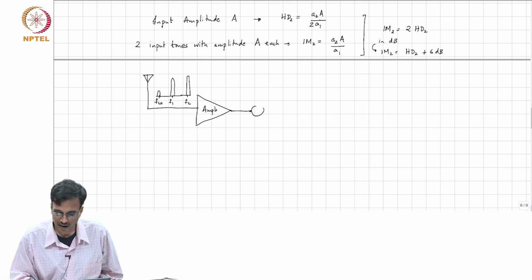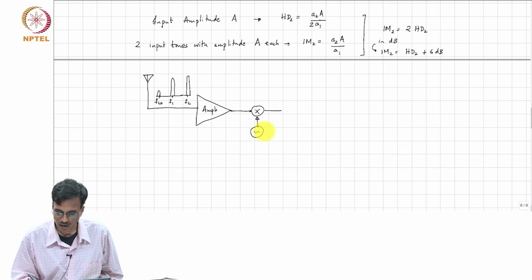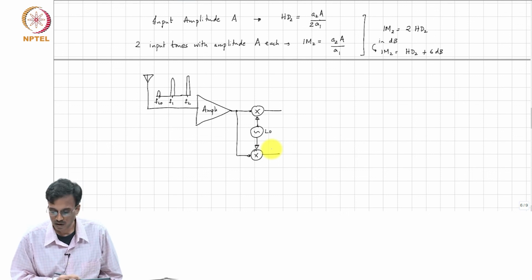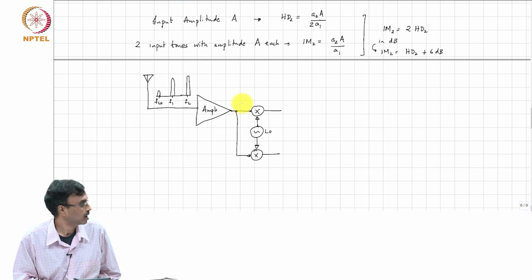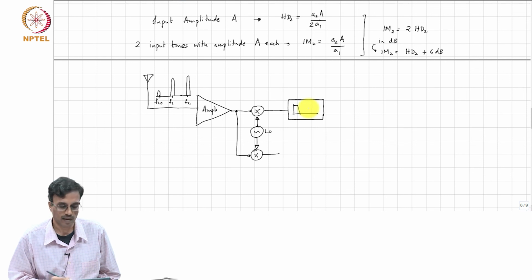The next thing is that you have some kind of mixing operation, and this is what is called a direct conversion receiver. You mix the output of the amplifier with both sine and cosine to convert them to baseband, and then you have a filter whose job is to eliminate everything other than the desired channel.